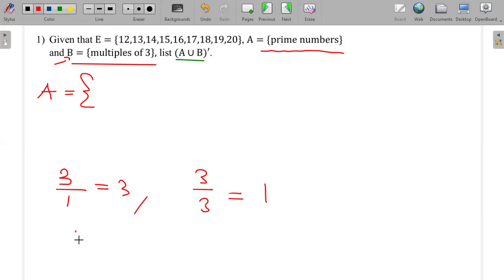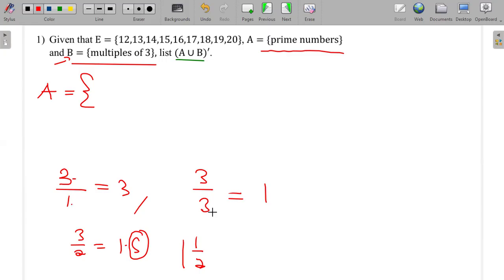No, because if I try 3 over 2, this will just be 1.5, and the 0.5 is a remainder. Or we can say 3 into 2 is 1, remainder 1 over 2. So there are no other numbers that can go into 3 apart from 1 and 3.